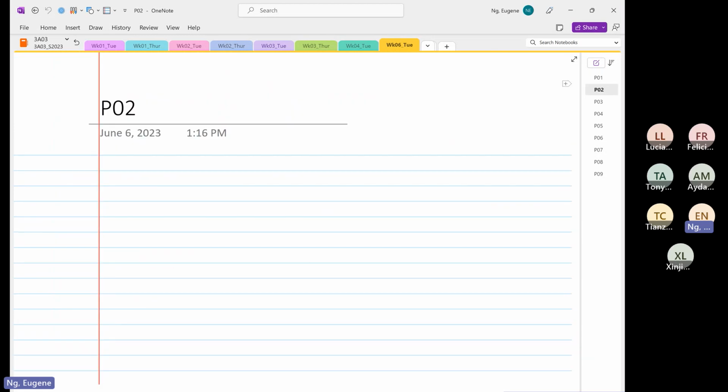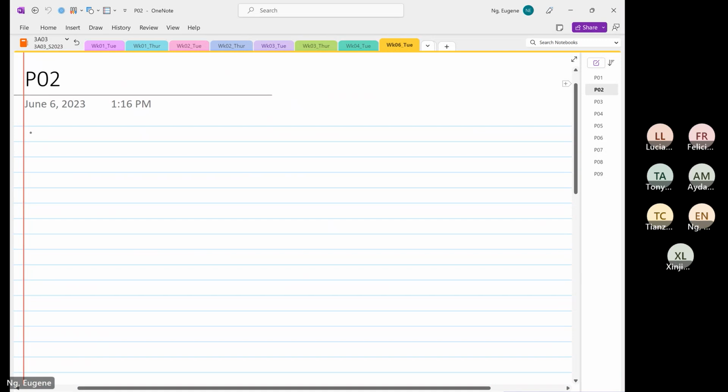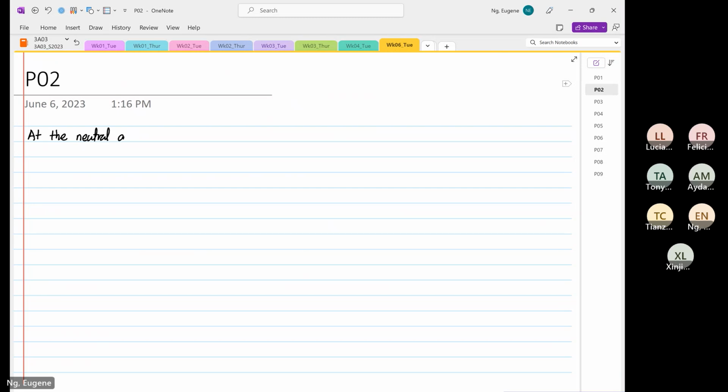Okay, so we know at the neutral axis, stress X for material number 2 must be equal to 0. Okay, we know that for a fact.